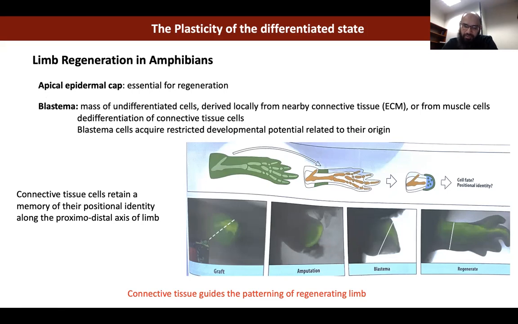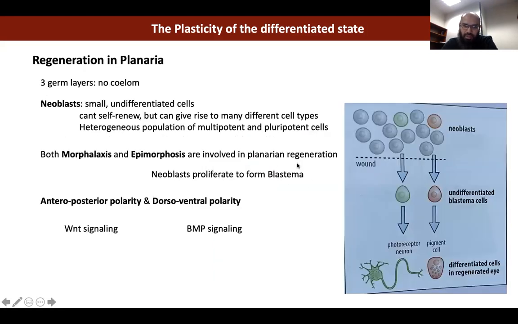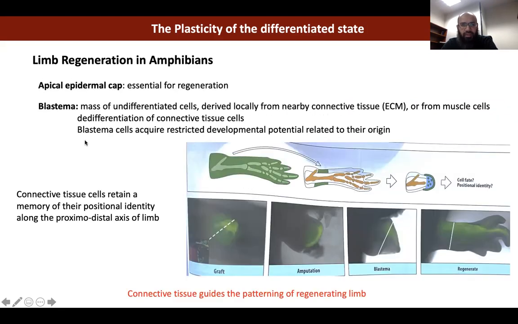It is very similar to the blastema formed in planaria, the flatworm, where the neoblast cells start to proliferate, while in amphibians the blastema is composed mainly of connective tissue cells. It can also contain muscle cells.